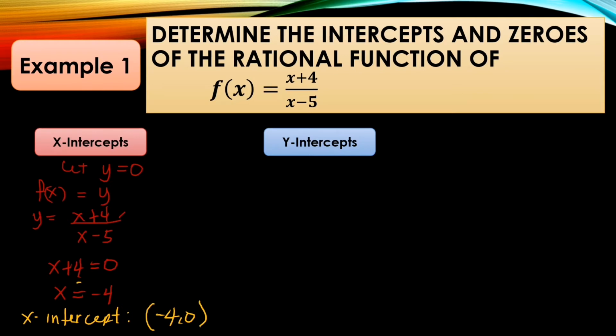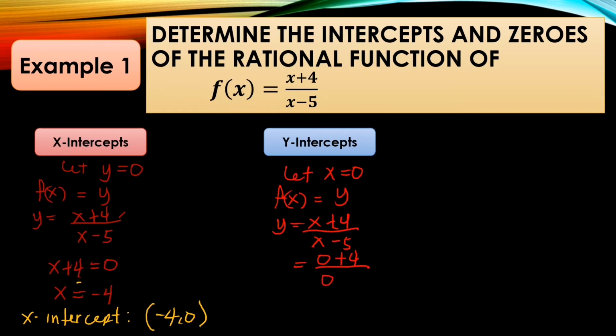How about y-intercepts? In y-intercepts, let x is equal to 0. Again, your f of x will become y. So, y is equal to x plus 4 over x minus 5. Substitute the value of your x to your given equation. So, 0 plus 4 over 0 minus 5.